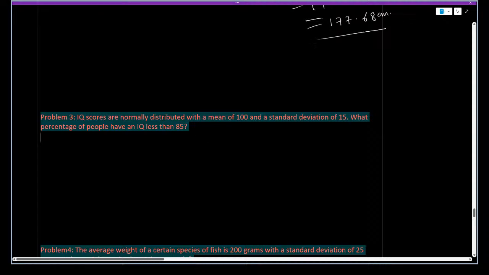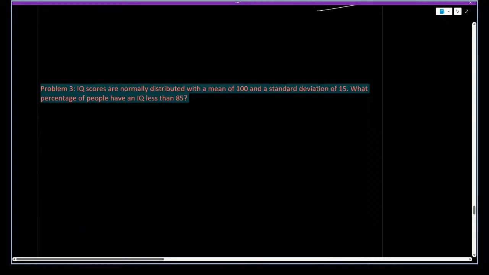IQ scores are normally distributed with a mean of 100, standard deviation 15. What percentage of people have an IQ less than 85? This is a very easy sum.